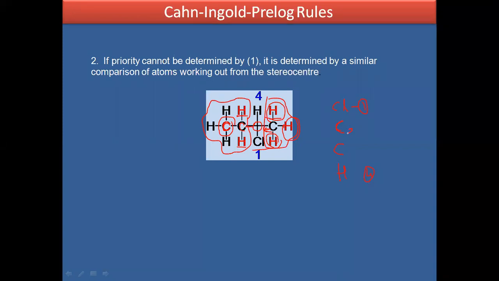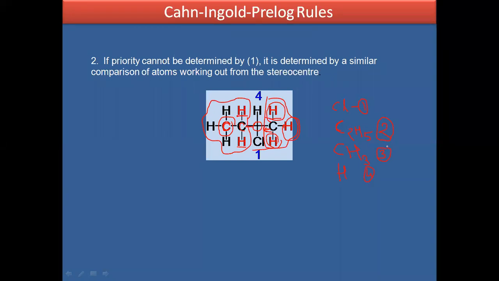So the methyl group has lower priority than the ethyl due to the adjacent atoms directly attached to the carbon attached to the asymmetric carbon atom. So the priority goes second to the ethyl group and third to the methyl group.